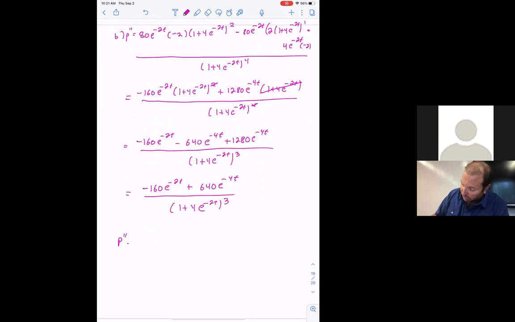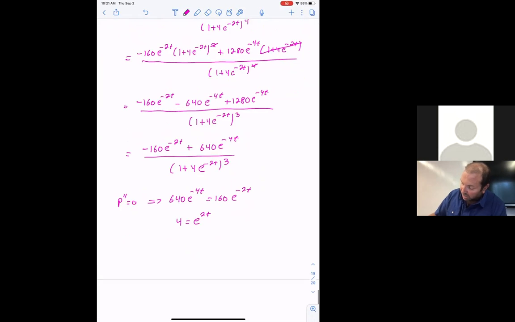So P double prime equals 0 implies 640 e to the negative 4t equals 160 e to the negative 2t. If I divide by 160 on both sides, I get 4 equals, if I multiply by e to the 4t, e to the 2t. So the natural log of 4 equals 2t, and therefore t is equal to the natural log of 4 over 2.